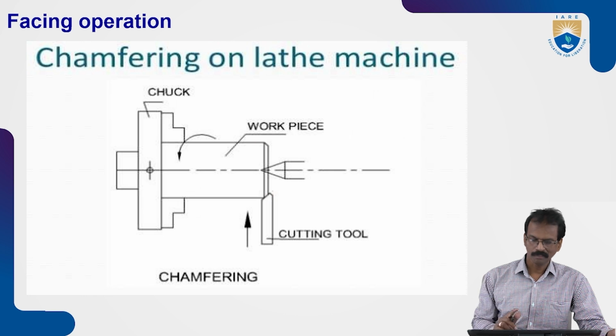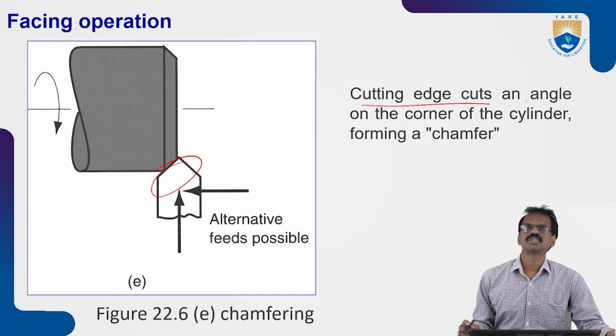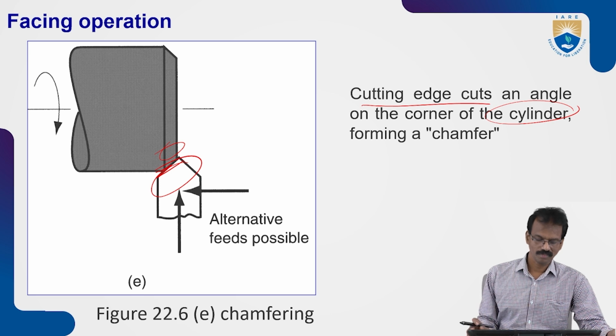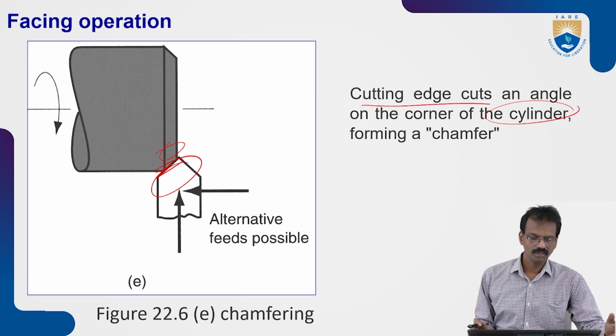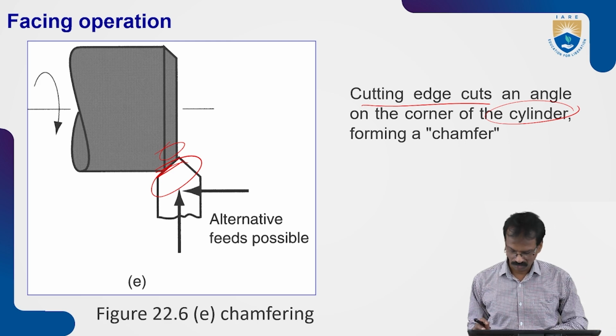Here you can see the chamfering process. This is the cutting edge, which cuts an angle on the corner of the cylinder, for easy movement of nuts on these bolts. It is very important. Otherwise, we will get some shears or some problems will occur when we pull the workpieces also.